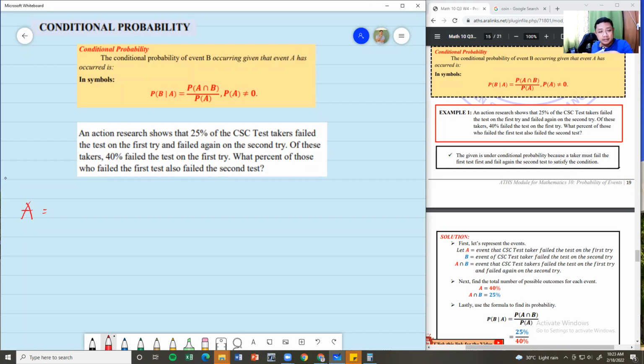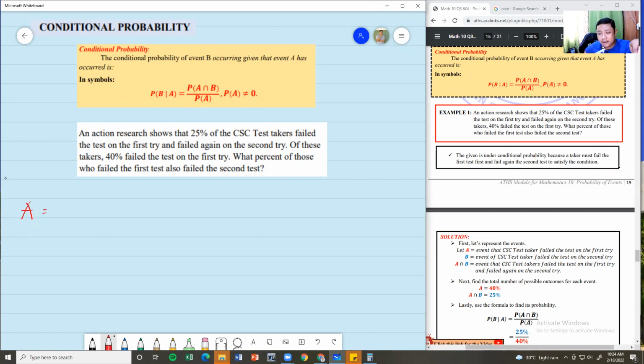Of these test takers, 40% failed the test on the first try. Of course, they only failed on the first try, which means they passed on the second try. Now, what percent of those who failed the first test also failed the second test?